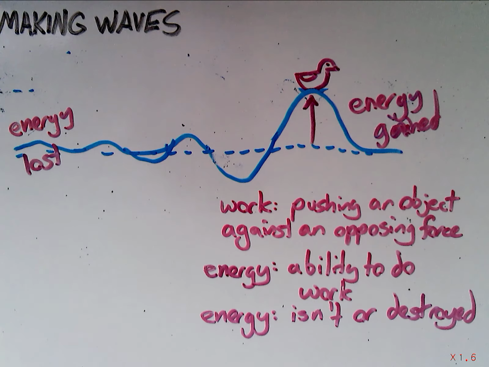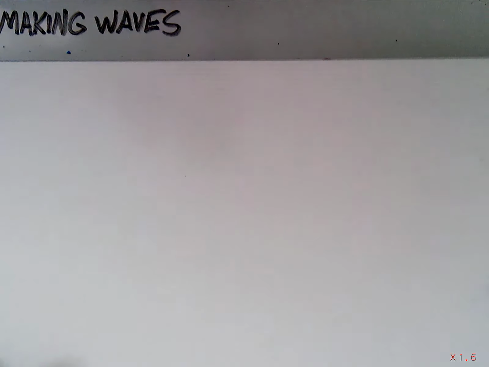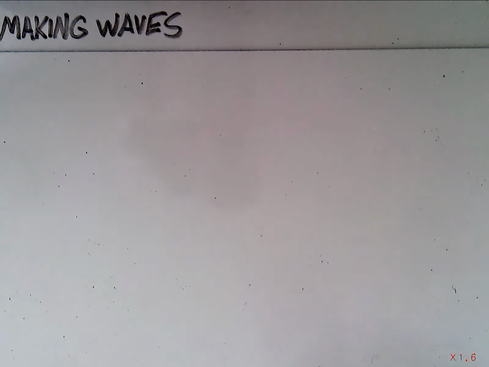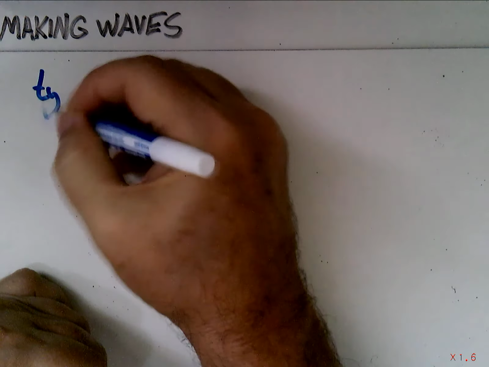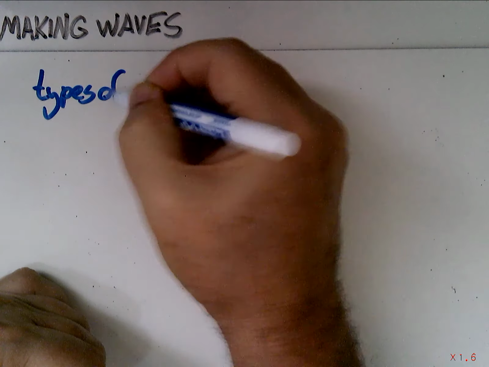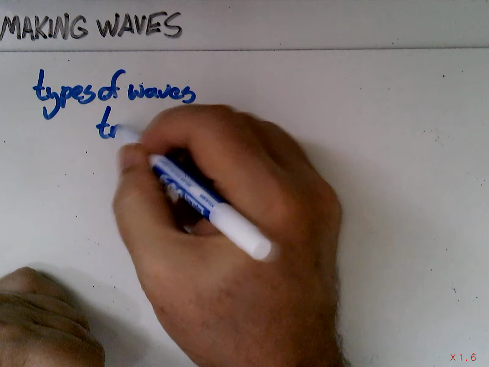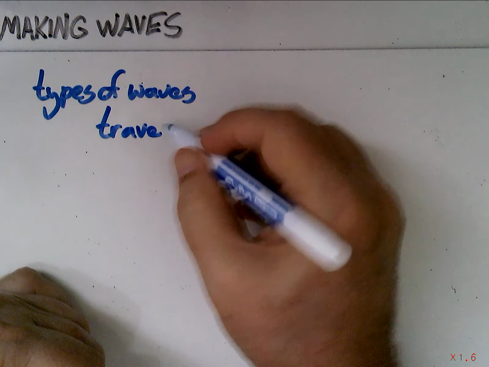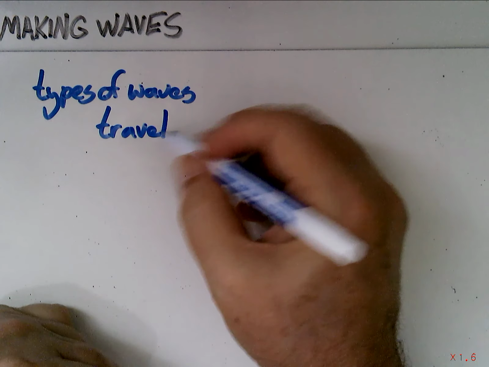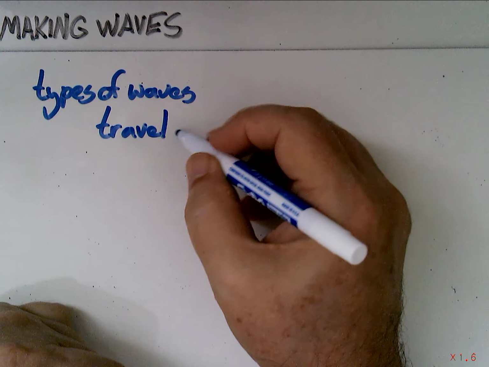Now, there's a couple kinds of waves that you can have. This wave here moved through space, the wave that we're talking about. So this is a traveling wave. A traveling wave, it's kind of obvious what it is. You can see the peaks moving. The whole wave actually moves.